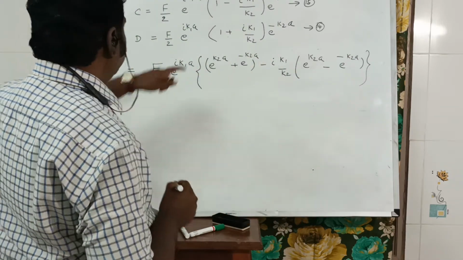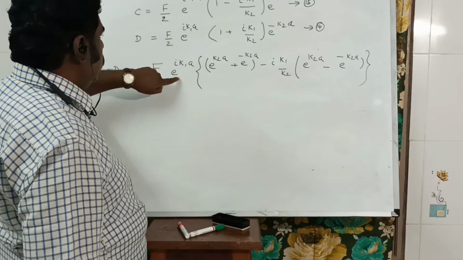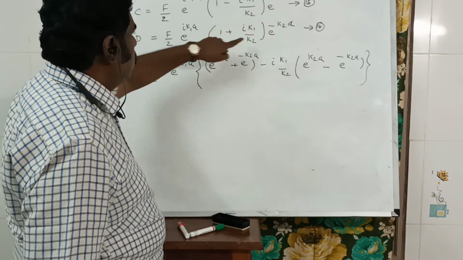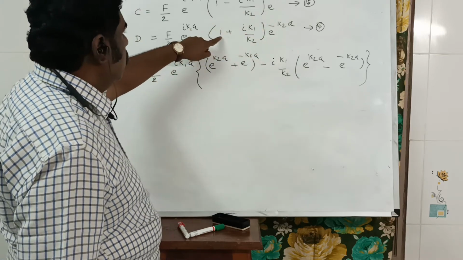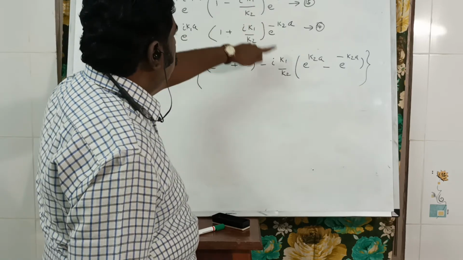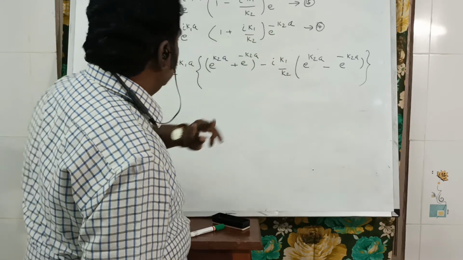See here, I have kept F by 2 e power i k1a as a single term, then this into this plus this into this. Then I have taken out minus i k1 by k2 outside, this into this plus this into this.